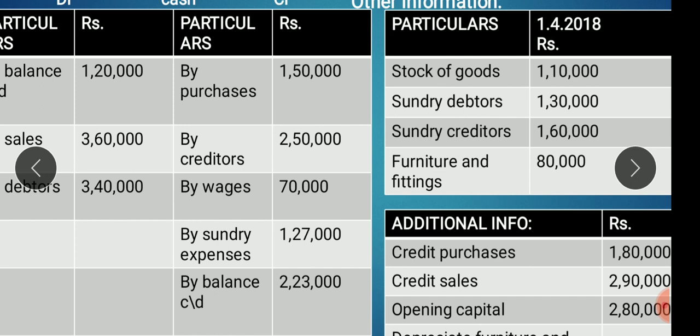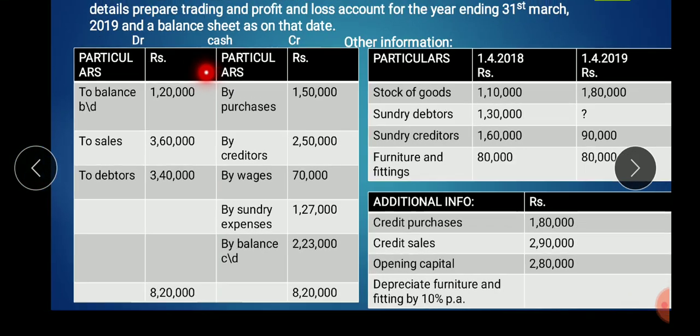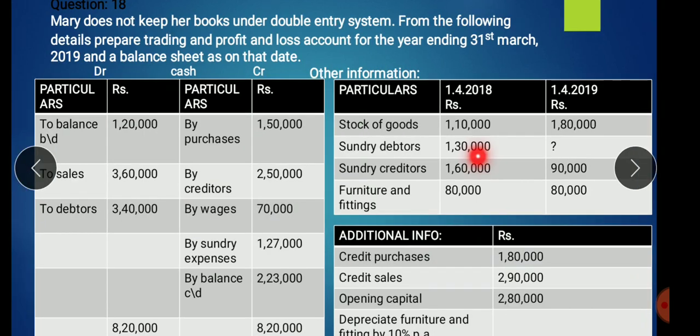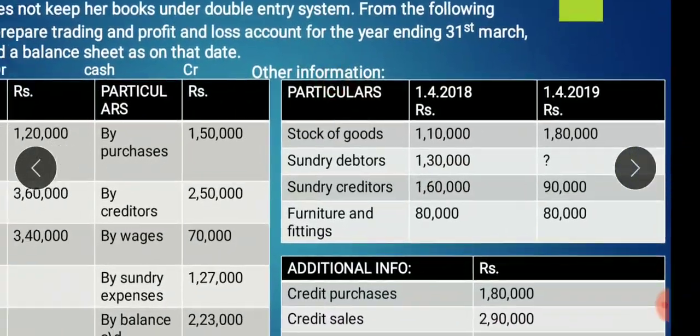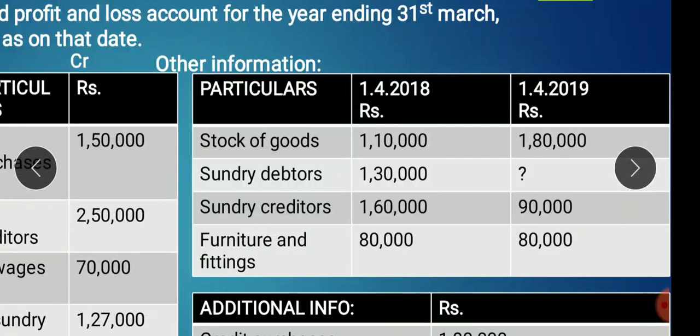And then other information, cash book, then credit side value. Stock of goods 1,10,000, and then closing value 1,80,000.